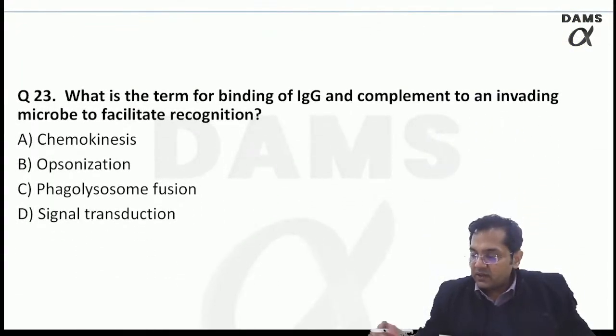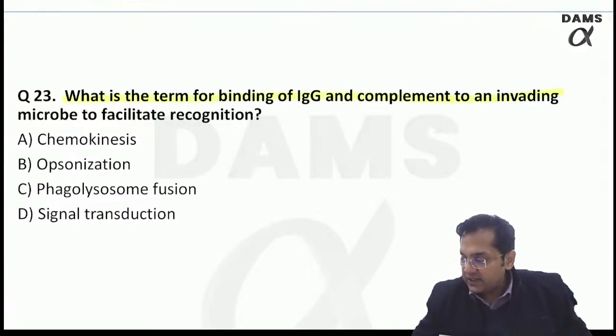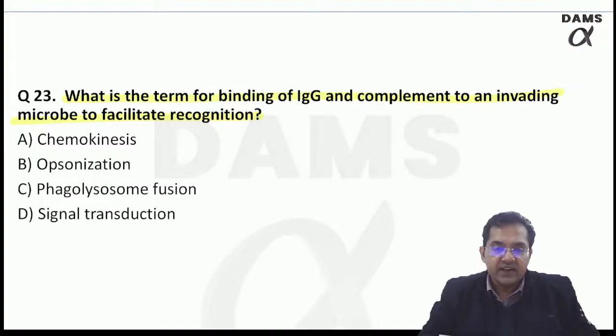What is the term for binding of IgG and complement to an invading microbe to facilitate recognition?